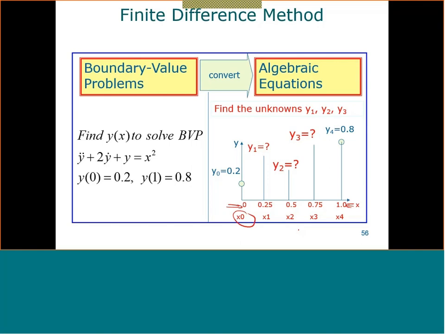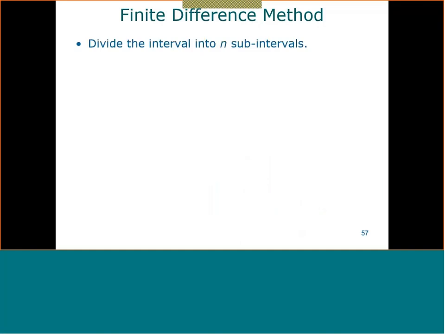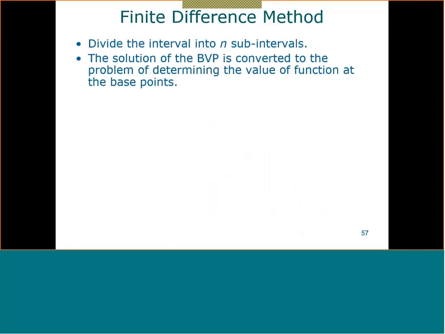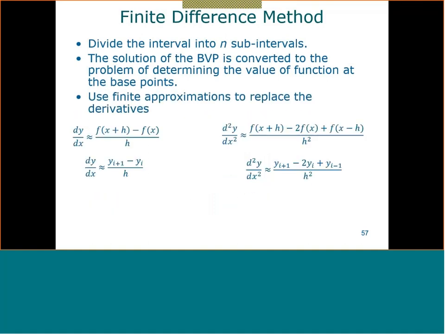Okay. Although the differential equation that we'll be solving looks very generic, I'm trying to highlight where we see this as electrical engineers. So how do we do this? We convert this into the basics of the definition of derivatives. If you recall, from the derivative part, we said that dy by dx, one of the approximations is f of x plus h minus f of x over h, or this is nothing but y at i plus 1 minus yi over h if you use the forward divided difference.